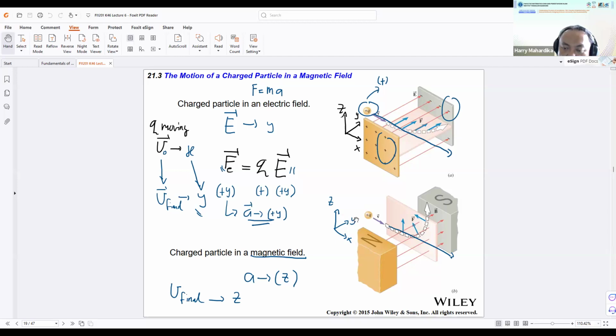But if we replace the electric field with a magnetic field, the resulting force will point in different directions. It will produce a series of F, because the influence of B is happening at all times. So if we apply the external field at all times, B is interacting with the motion at all times.